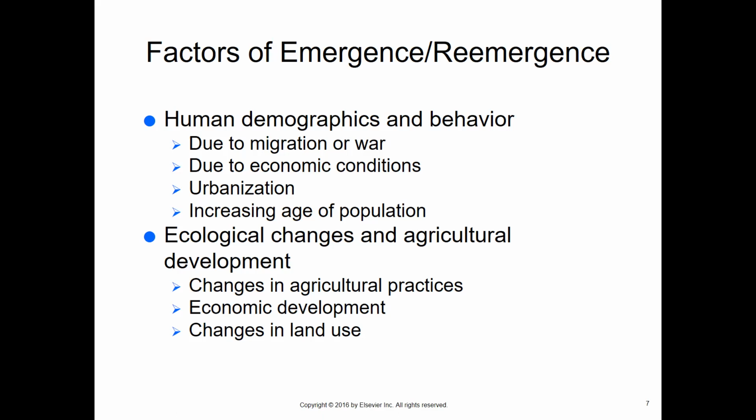So the ecosystem is being disturbed every time we're making a new development, or every time we're going into an undeveloped area and developing it. We're disturbing that ecosystem. So this can cause unrecognized diseases to occur, and it can also cause zoonotic diseases to come forth that weren't previously a problem.